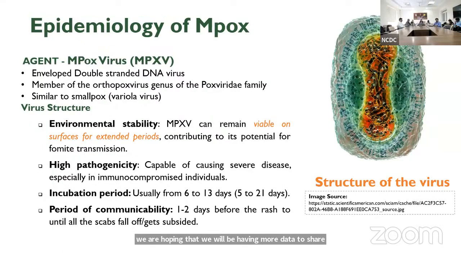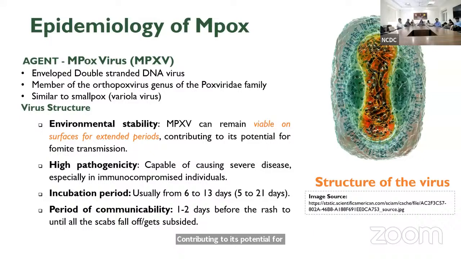So coming to the epidemiology of monkeypox or Mpox, the agent has already been described in the previous slides. Again, it is a double-stranded DNA virus belonging to orthopoxvirus, similar to smallpox or the variola virus. Environmental stability: it can remain viable on surfaces for extended periods, contributing to its potential for fomite transmission.